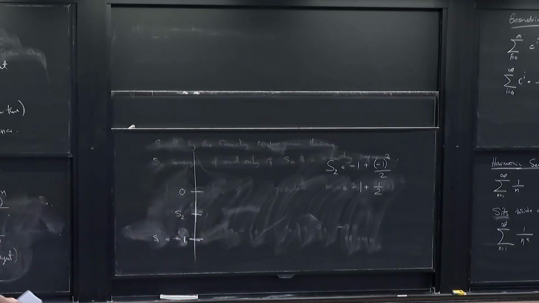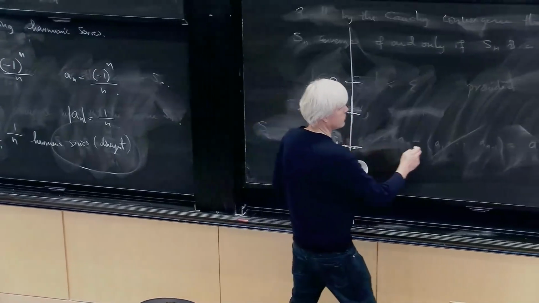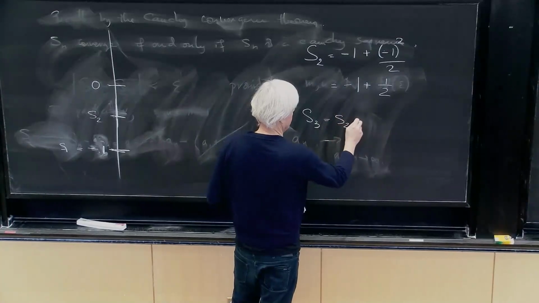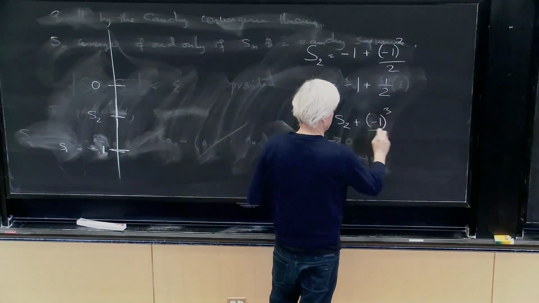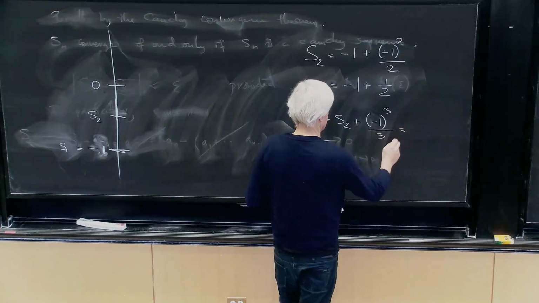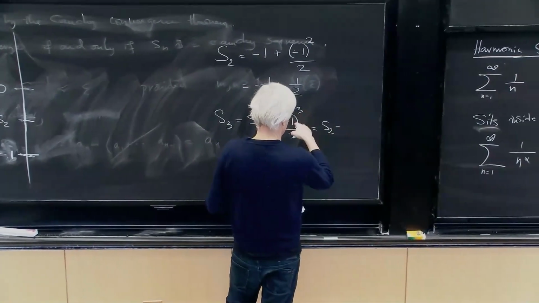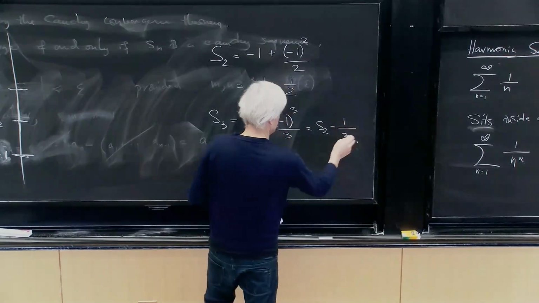And then the next one is, if you start here, for S3, it's really S2 plus (-1)^3 over 3. So this is S2 minus, right, because (-1)^3 has a negative sign, like that.